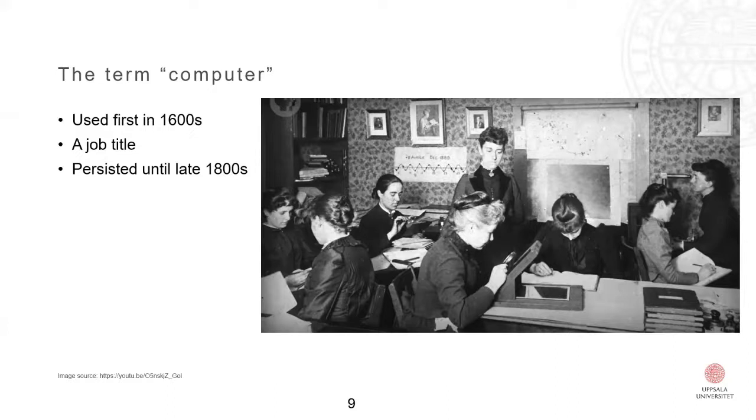And then they would do some computation, and other people in the society or different organizations would use their results. And this title persisted to be given to human beings until the 1800s.